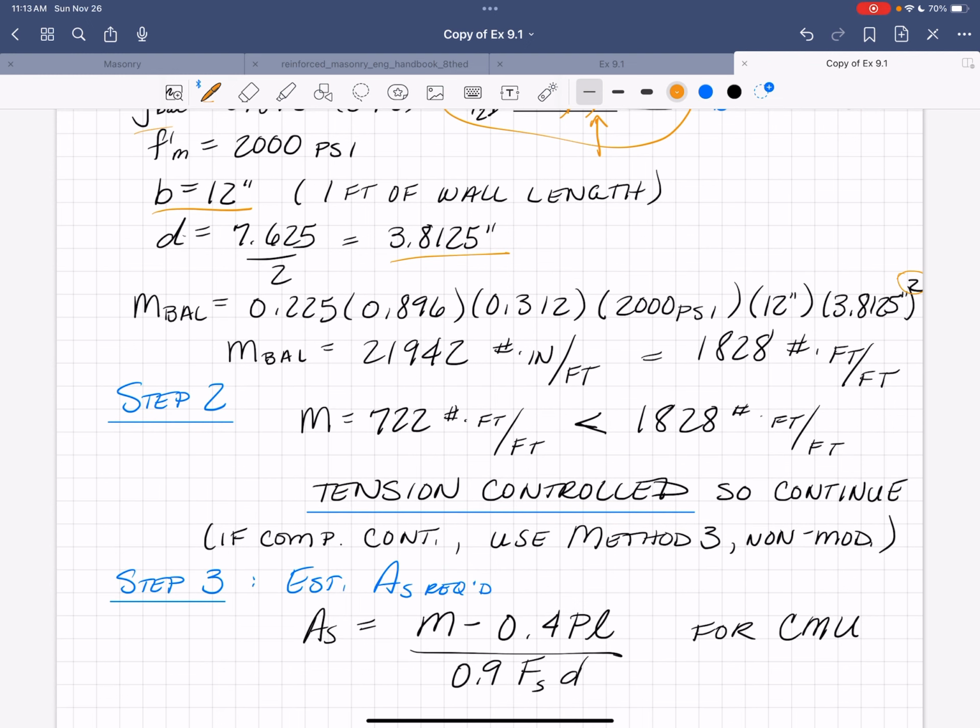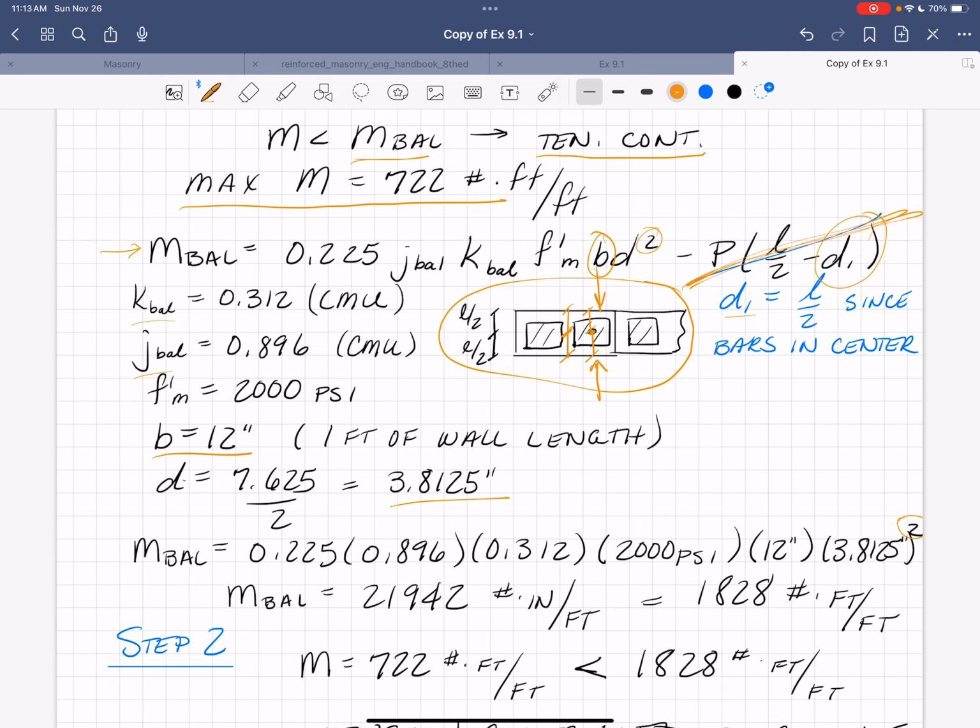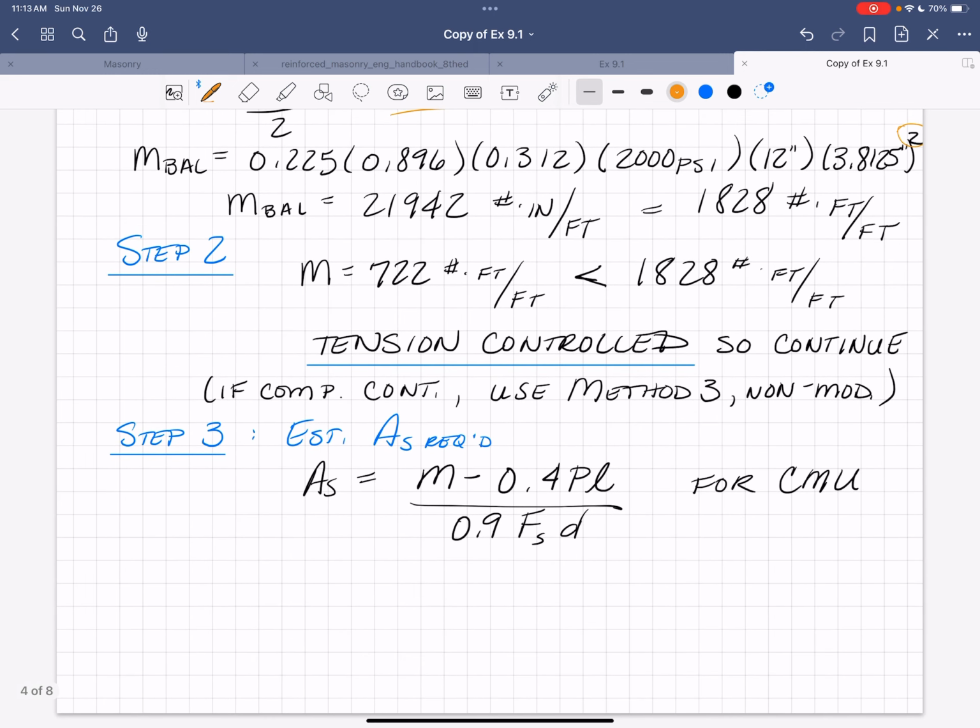Don't leave off the square here, so it's D squared. And I will get 1828 pound-foot per foot. So really watch your units, which means that the max moment of 722 is less than the balanced moment, which means it's tension controlled. So I can continue on.